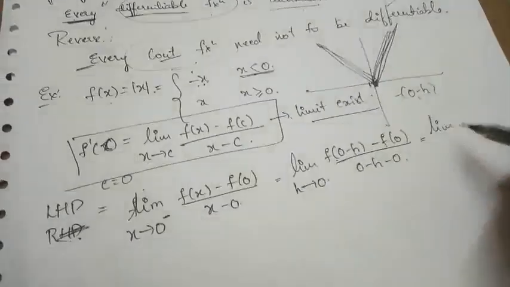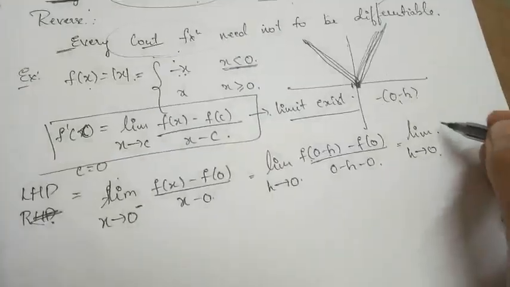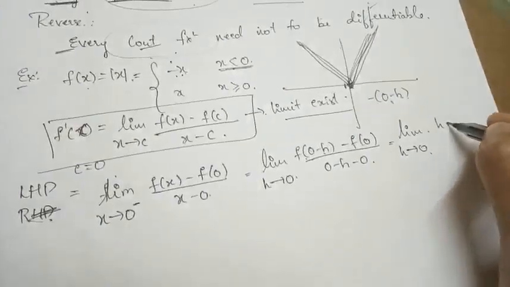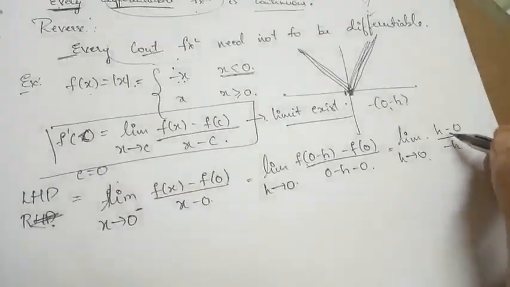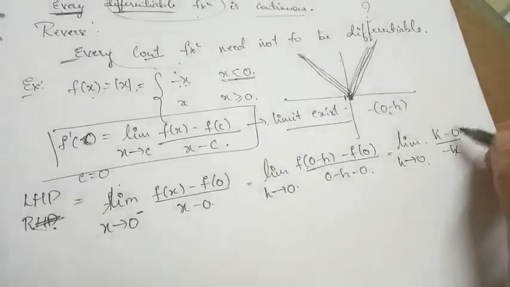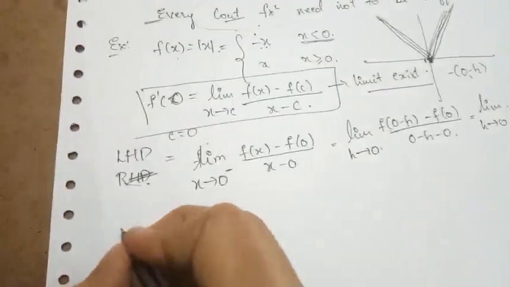So limit h approaching 0, f of 0 is 0, divided by minus h. Clearly h gets cancelled, and minus 1 is remaining. So minus 1 is the left hand derivative.